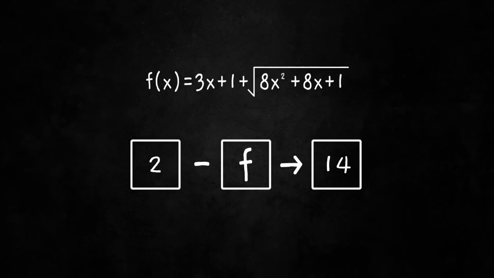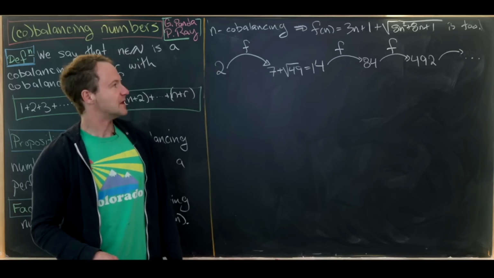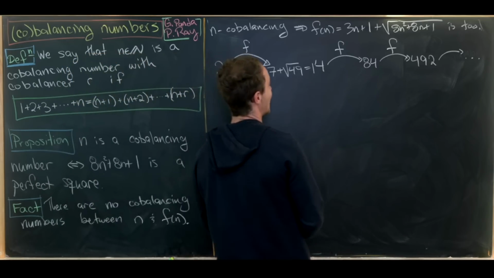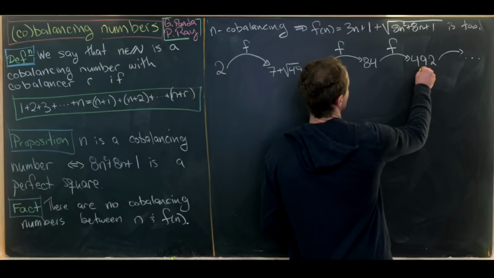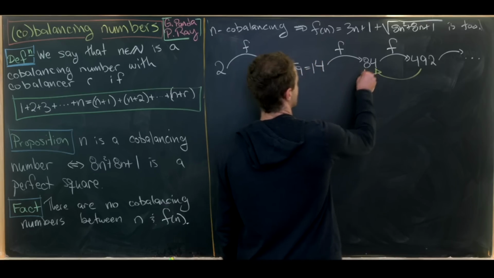Then, if we apply f again, we'll get the number 84. And if you recall, 84 was the next example of a co-balancing number that we had before. So we can apply f again, and we'll get 492. That's the co-balancing number after 84. Then, I'd like to point out that f inverse will take us in the reverse direction.